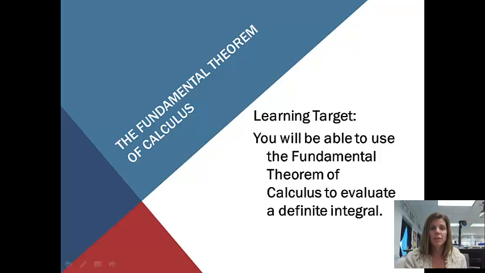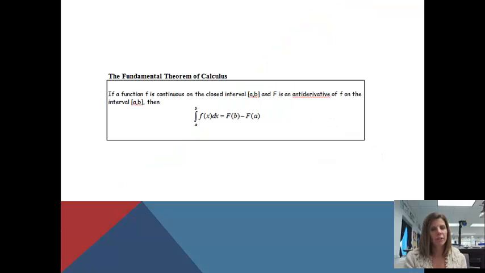At the end of this lesson, you'll be able to use the fundamental theorem of calculus to evaluate a definite integral. The fundamental theorem of calculus states this: if a function f is continuous on the closed interval [a, b], and F is an antiderivative of little f on the interval [a, b], then when I take the integral from a to b, so if I want to find the area under the curve from a to b, the big F basically just means that we're going to find the antiderivative.